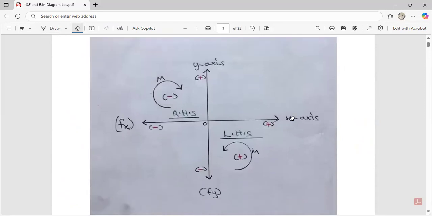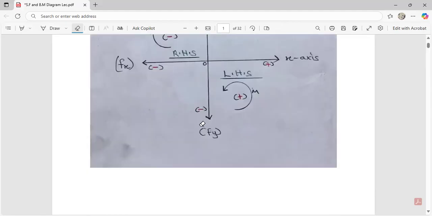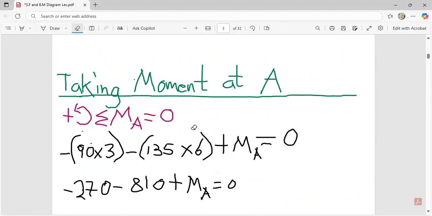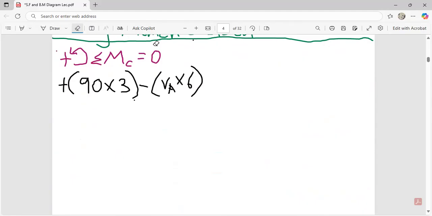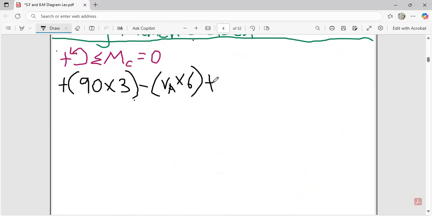It said that all forces moving to the right hand side, or all forces moving towards the east side should be positive. So in that case, we are going to say positive HA times 0. Okay. So you're going to put a positive over here, HA times 0.